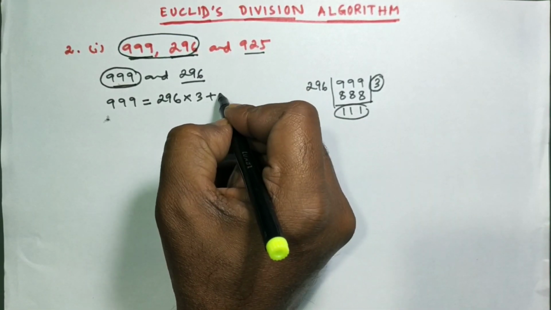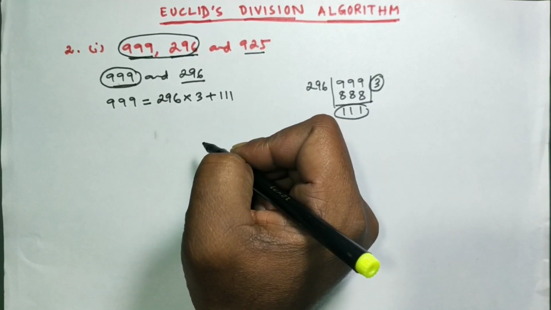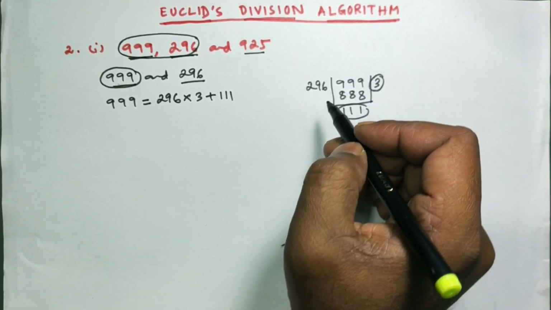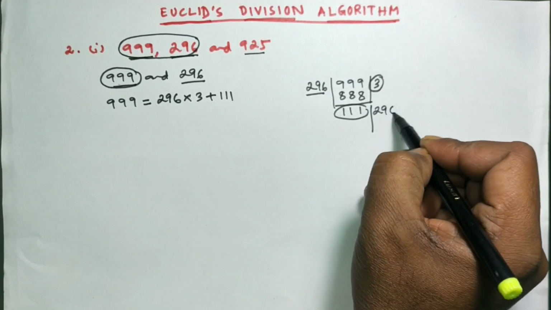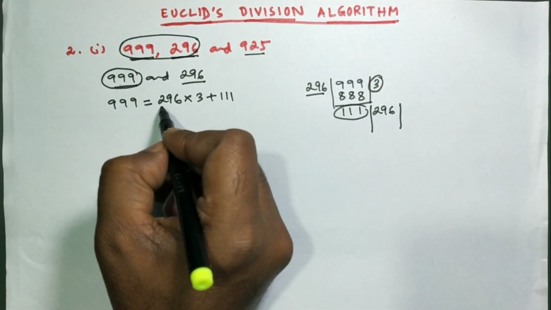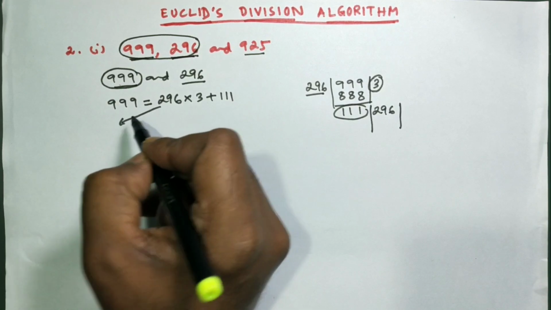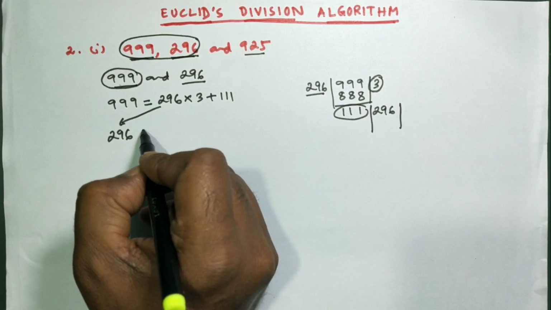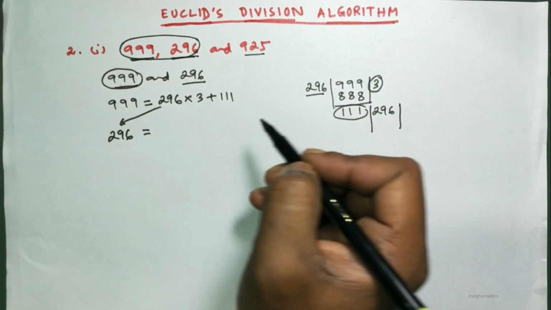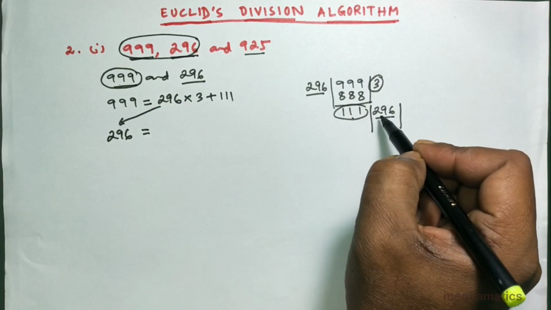Now this 296 we have to bring here, 296. Then we have to divide this 296 by 111.